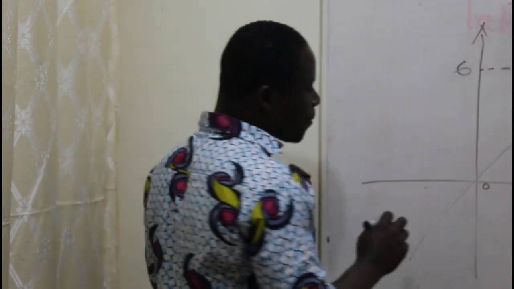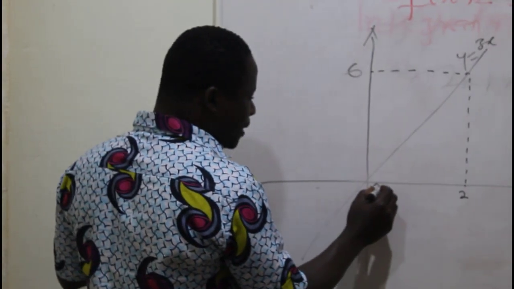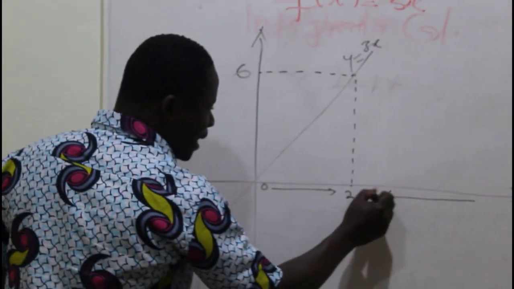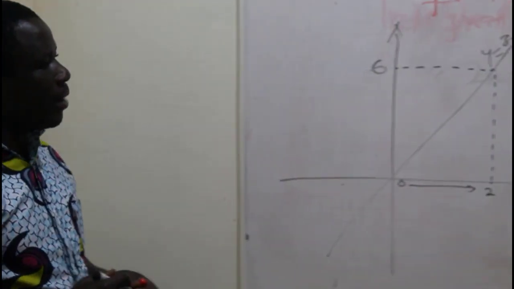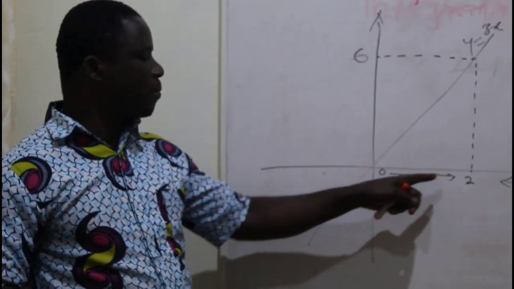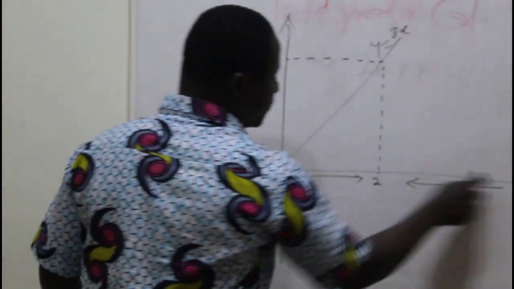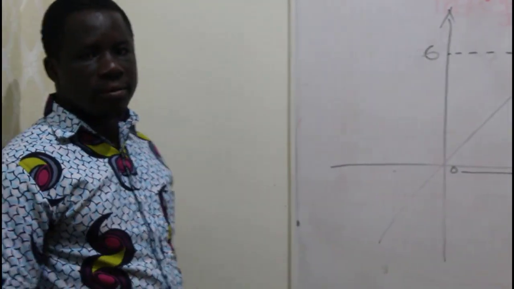You can approach 2 either from this side or from the other side. We are going to find out what will happen if values approach 2 from below, and also approach 2 from a value bigger than 2. We are going to see what will happen.